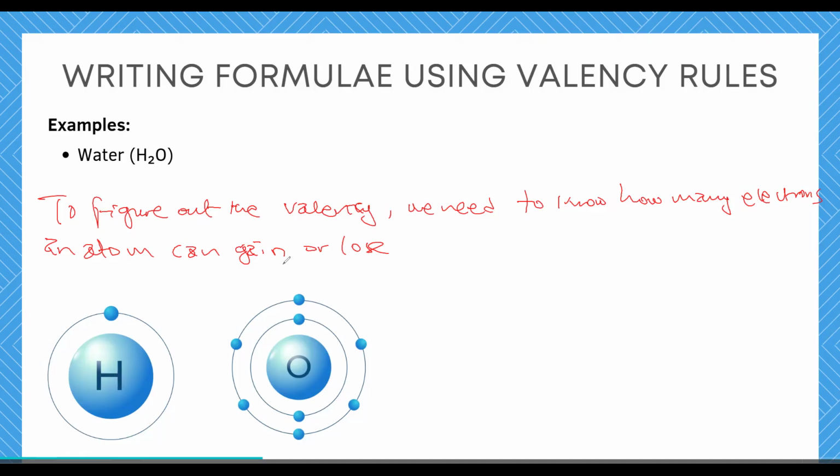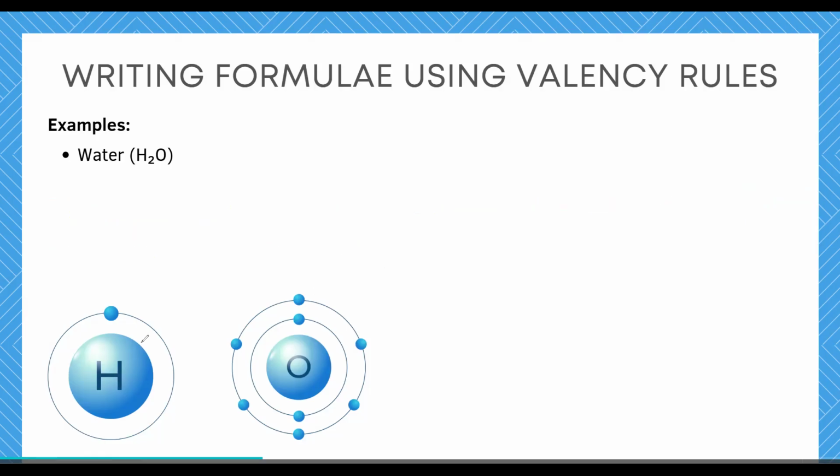So now, Romario, let me give you a very easy way to know the valency of an atom. If it is hydrogen, the valency is always one.